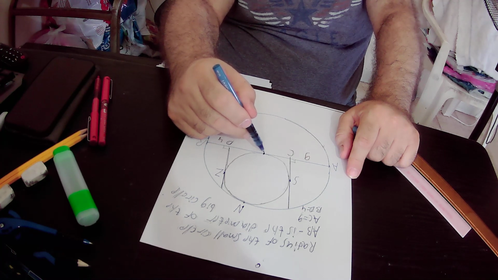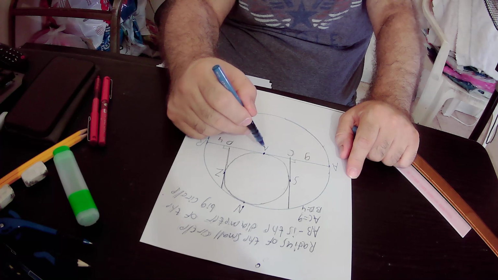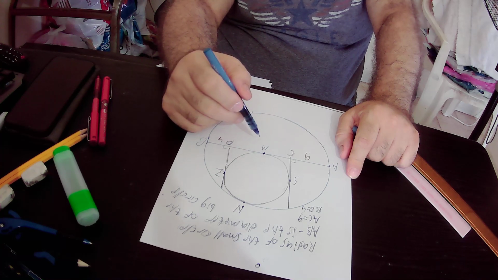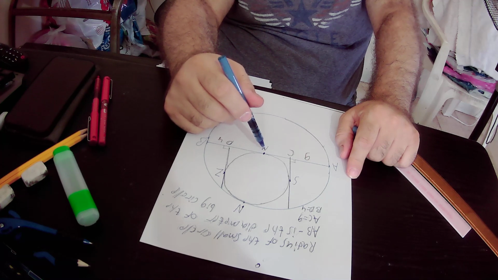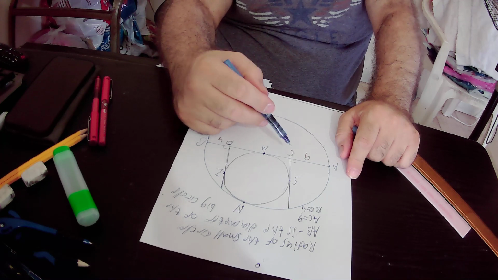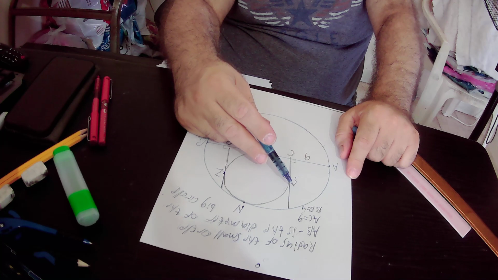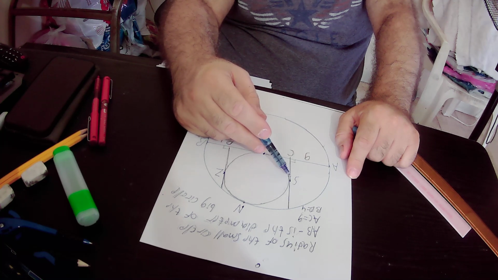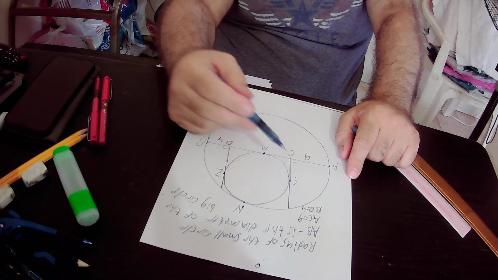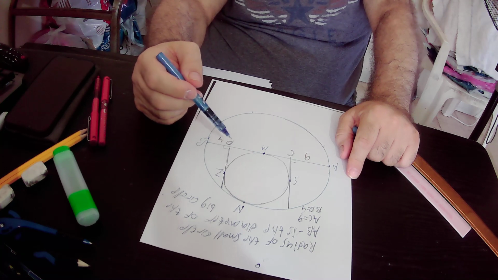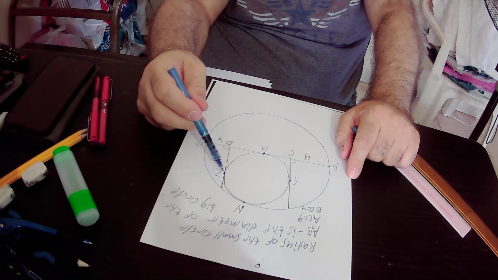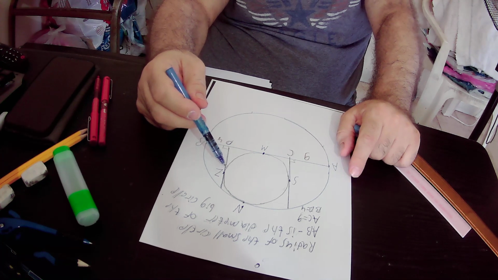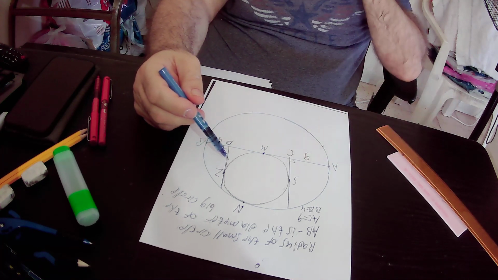Let's call this point M. Again, line segment CD is tangent to the circle at point M. This line segment is tangent to the circle at point S, and the point of tangency between this line segment and the circle is at point Z.